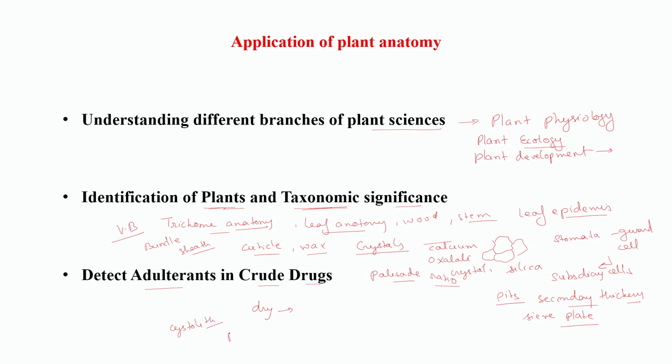Even the pits are preserved. Even the stomata, the structure and the organization of the subsidiary cells, are all preserved. Starch grains are preserved. Some medicinal plants have starch grains, and many times wheat starch grains could also be mixed in, so in that way you can find out the difference.